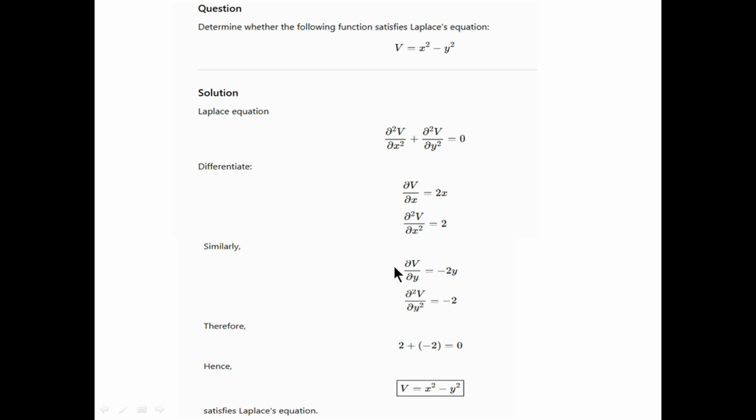Similarly, the second derivative with respect to y is −2. When we use these two second derivatives in the Laplace equation, we see that 2 plus (−2) is equal to 0. So this potential satisfies the Laplace equation.